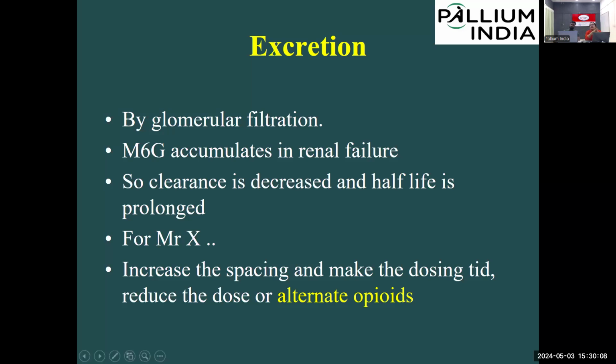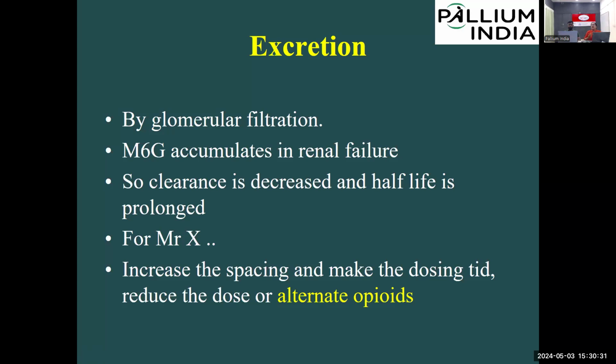So this remains in the blood for a longer period of time. And so what we need to do is either increase the spacing or make the dose thrice daily, reduce the dose, or alternate opioids can be used.